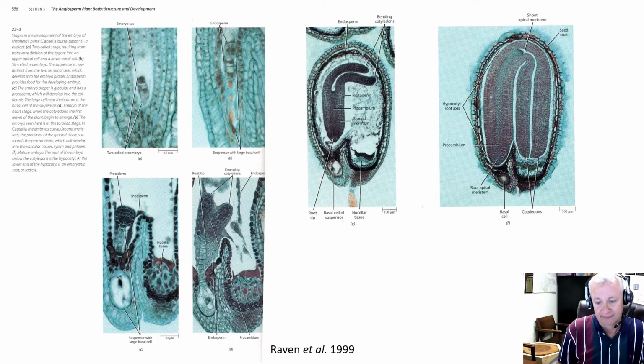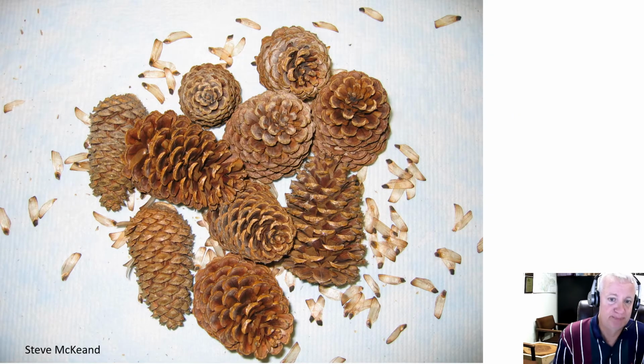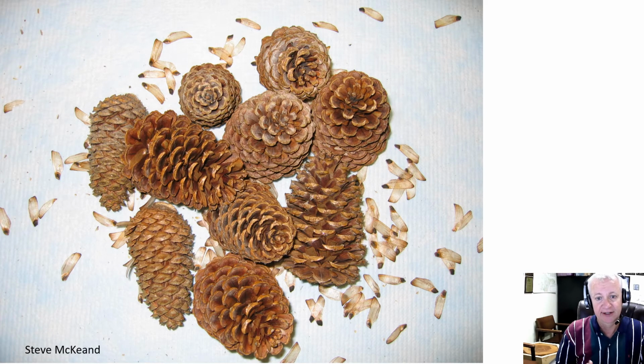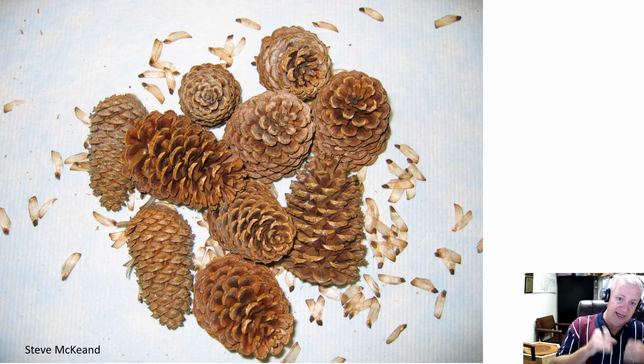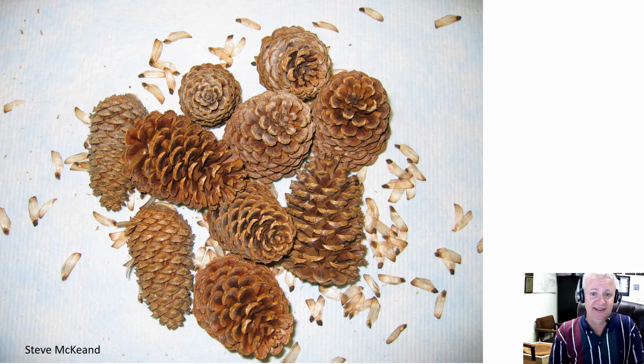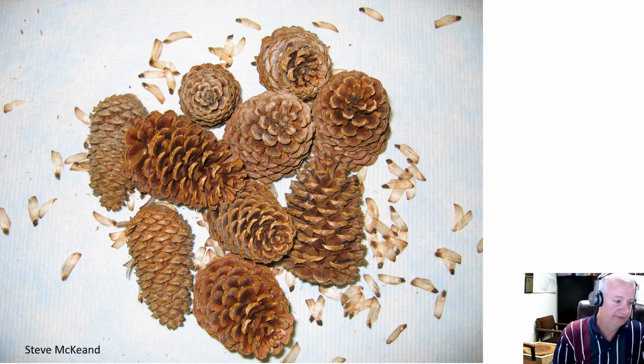But with other plants, for instance pines, it's a little less obvious when exactly seeds are fully mature and ready to germinate. Now, of course, naturally on the tree, pine cones and other cones on gymnosperms will generally eventually open on the tree and disperse the seeds at some point after they're mature.